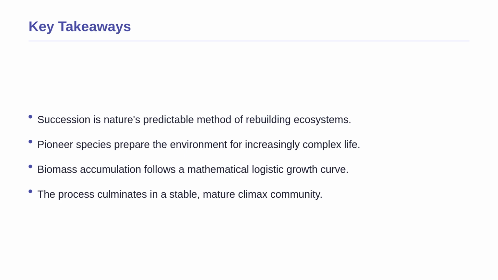Third, we saw that this recovery is not just biological, but mathematical, with biomass accumulating along a predictable logistic growth curve. Finally, this beautiful relay race of species replacement always culminates in a stable, mature climax community that can sustain itself for centuries. You now have a solid understanding of how dynamic and resilient our natural world truly is.